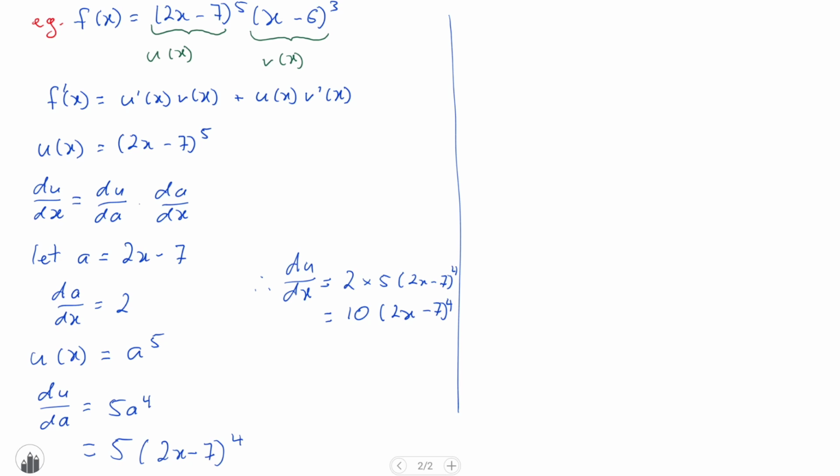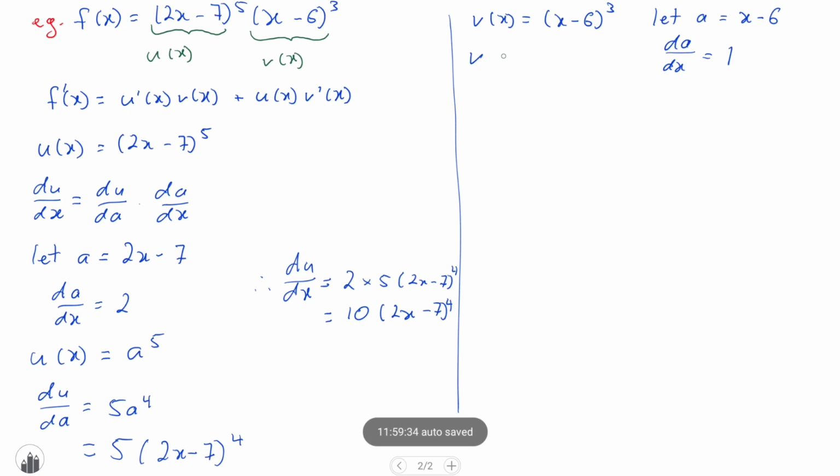Now let's do the other half. We need to find the derivative of v of x. V of x, remember, was all of this business here. So that's equal to x minus 6 raised to the power 3. Again, we're going to need to use the chain rule here. I mean, you could expand this out, but we can save ourselves a lot of work if we don't. So we're going to say let a equal x minus 6. In that case, dA dx is equal to 1. If that's the case, then our function v equals a cubed.